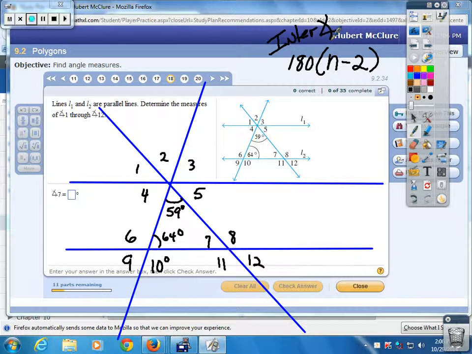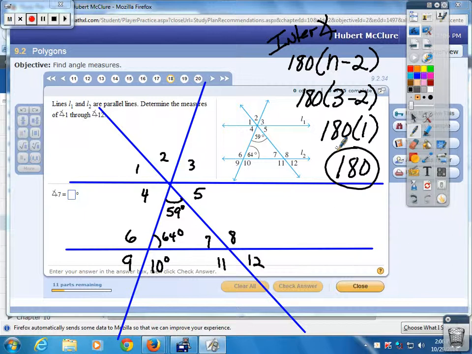How many sides does a triangle have? So that's 180 times 3 minus 2, which is 180 times 1, which is what? So how many interior degrees does a triangle have? 180. What do we have here and here?